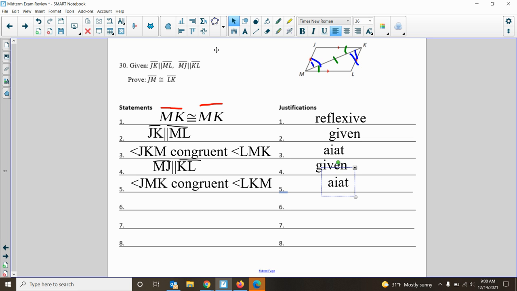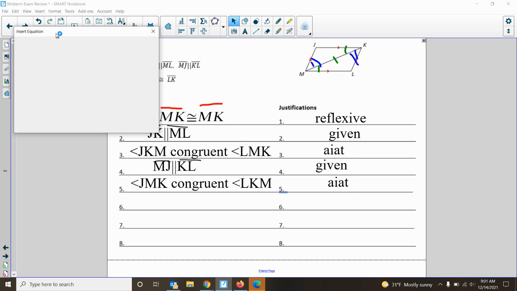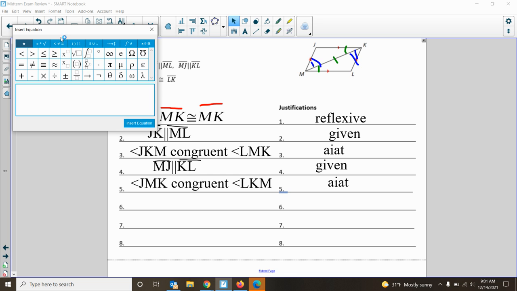I have a triangle. Let's do that in math here. Where's that delta symbol? There it is. So it's triangle, let's call it KMJ, is congruent to triangle, well, if it's KMJ, then I think it has to be MKL. Sure, you can do that.